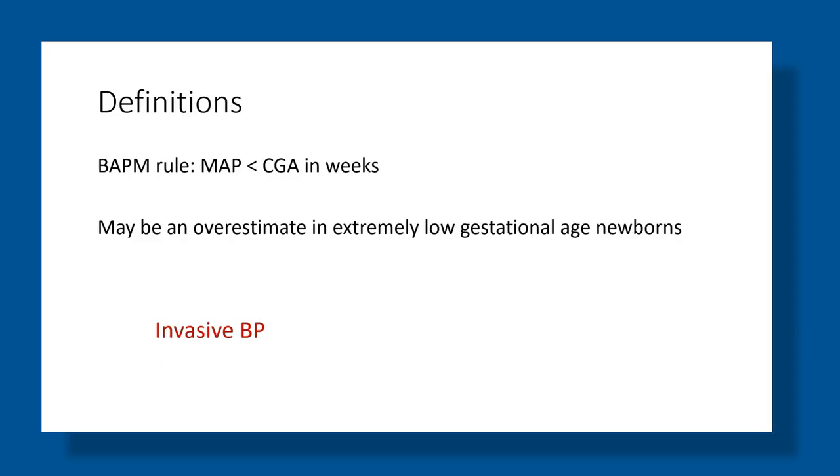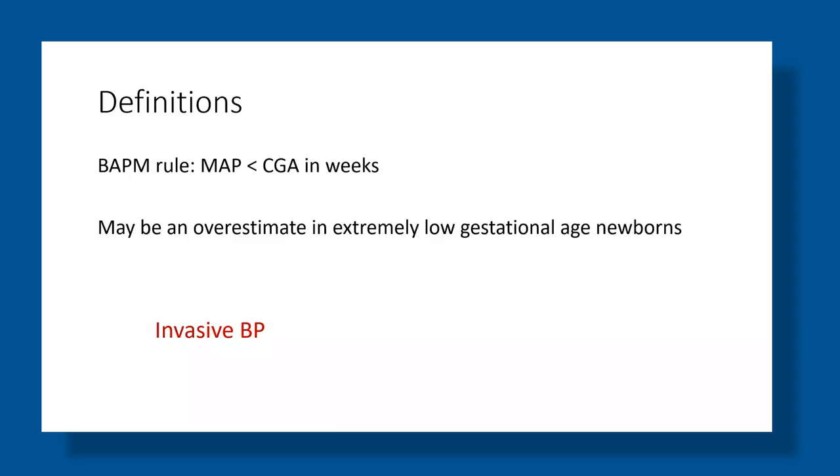So therefore, the British Association of Perinatal Medicine from UK also defines hypotension as mean arterial blood pressure less than corrected gestation in weeks in a baby. However, they are talking about invasive blood pressures in this situation, something that we all need to keep in our mind, because in our setup, it's usually the non-invasive blood pressure that we use.